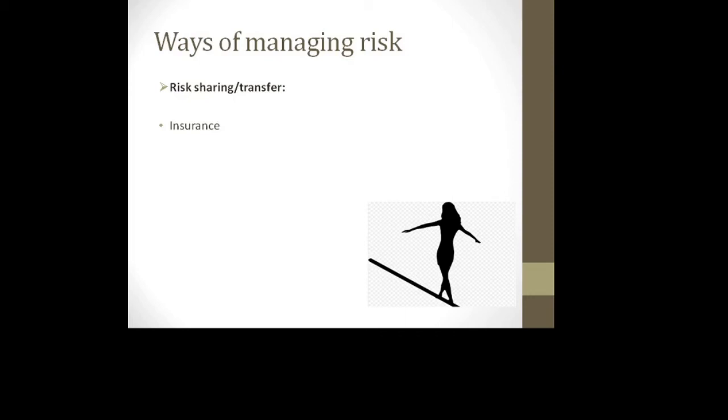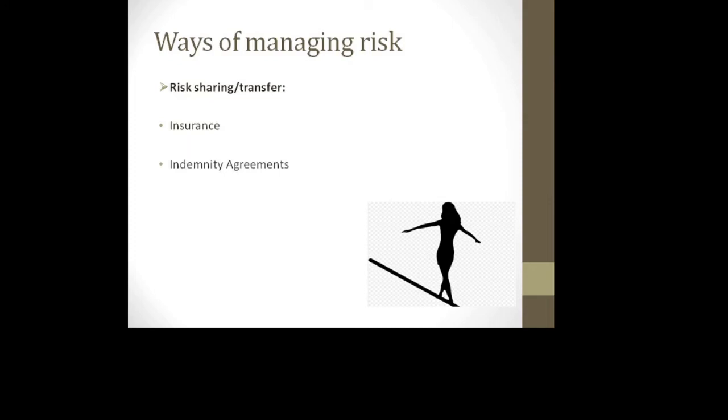But for that, the company should make sure that each year it pays the fire insurance premium, which is decided by the insurance company. This is insurance. Now, other than insurance, there are also some other kinds of risk transfer methods.